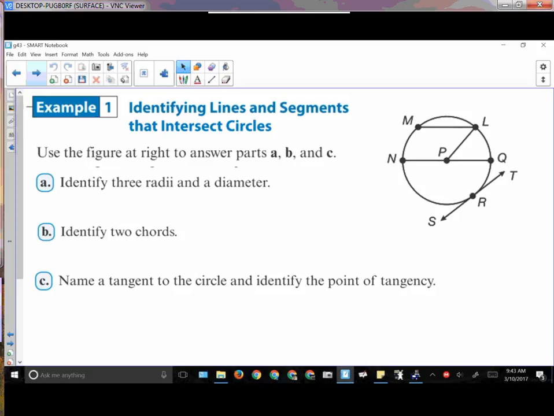So what we're going to do here is identify 3 radii and a diameter. Now mind you, radii is used for the plural of radius; radius is singular.